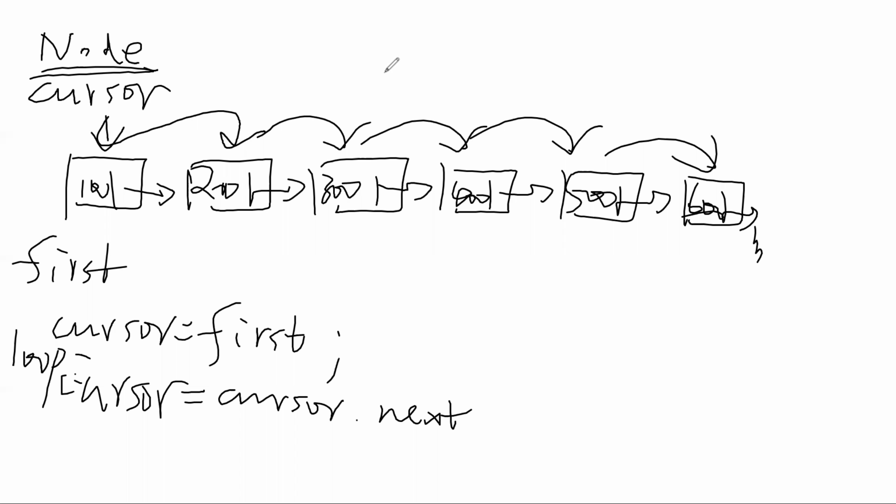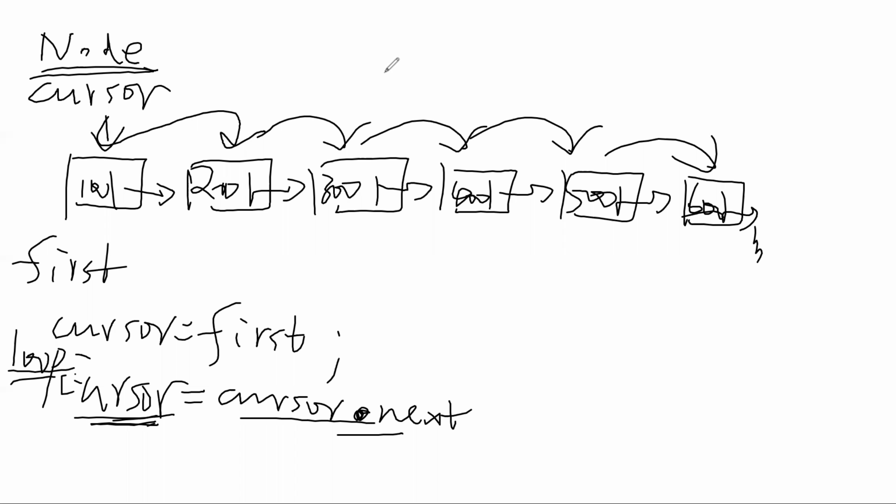You start from the first car and you walk through all the way to the last one. So you use a loop, then you use that temporary node, and you always set it within the loop to the .next. Then you can get access to the next node.